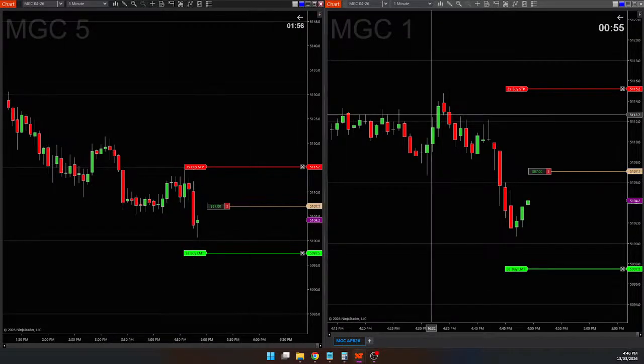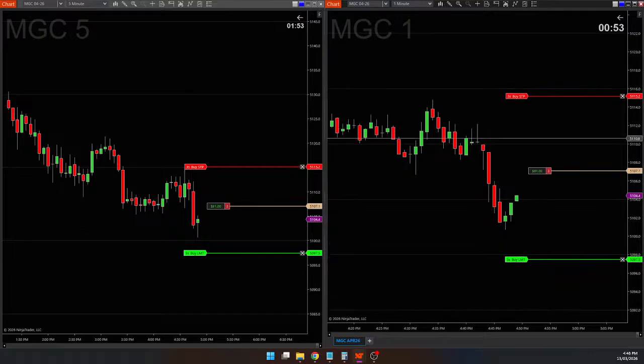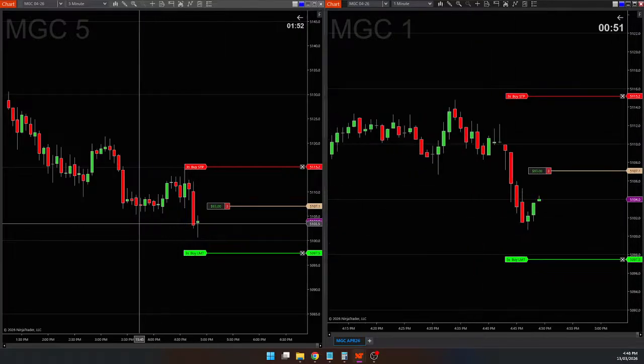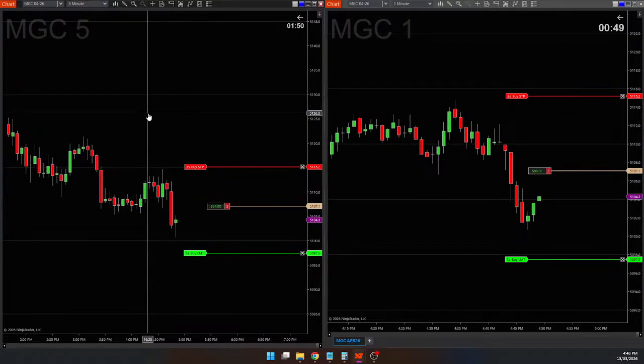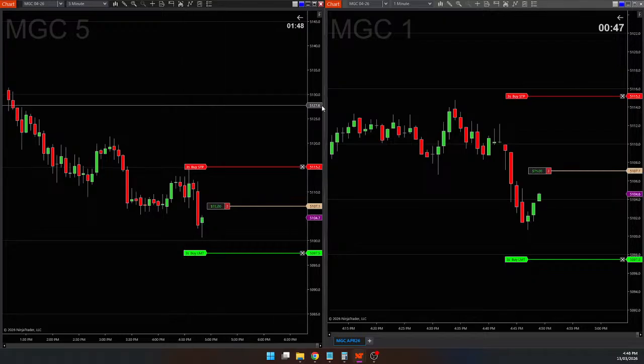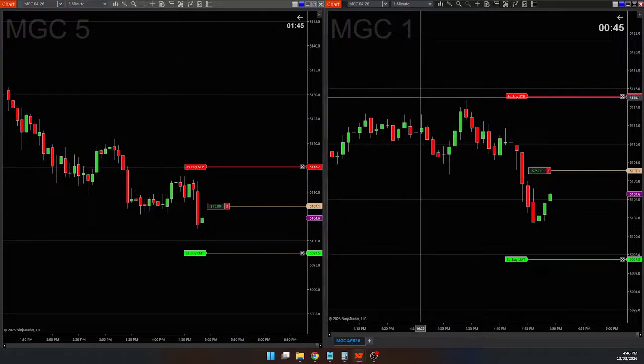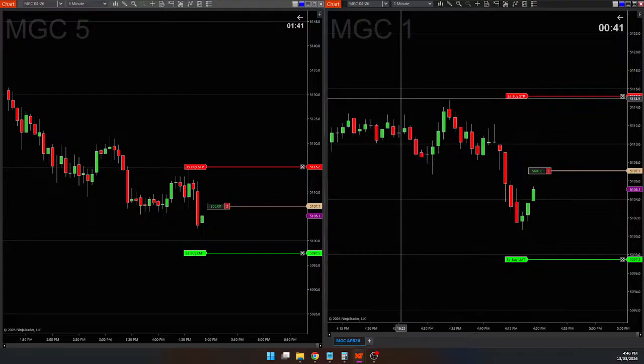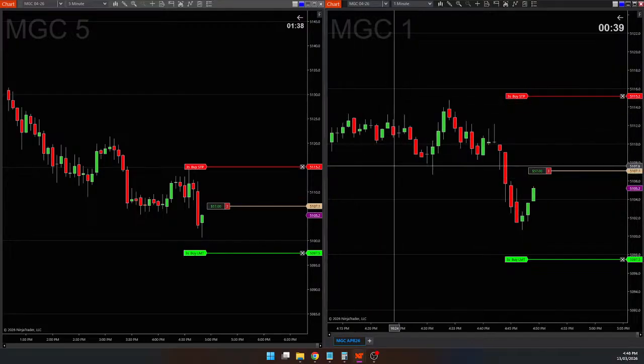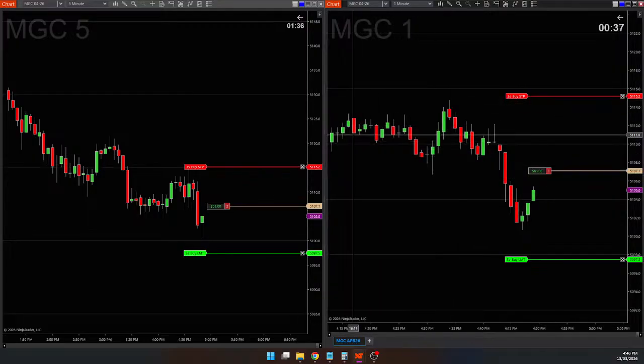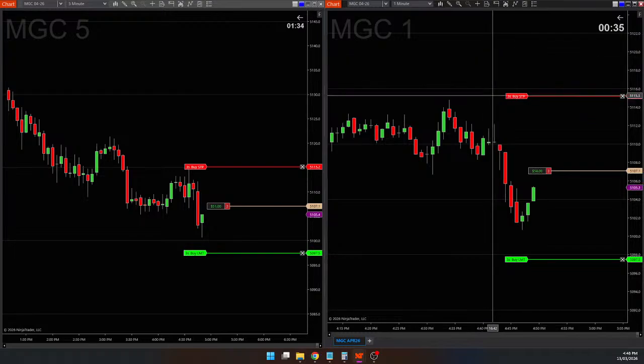All right, what's happening here? Here's the proper pullback, or so it seems. Oh, that's why my stop loss got smaller, is because I moved it up. I forgot about that.